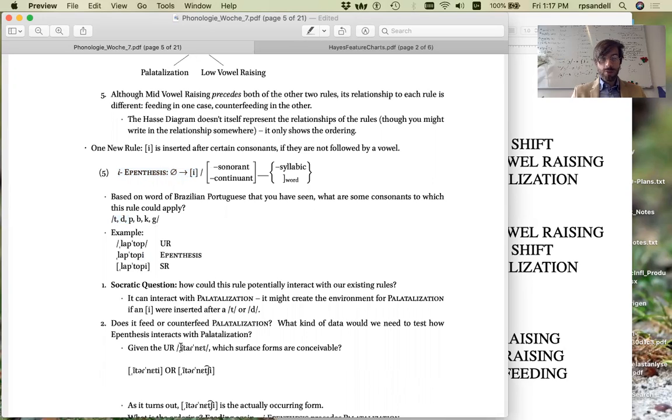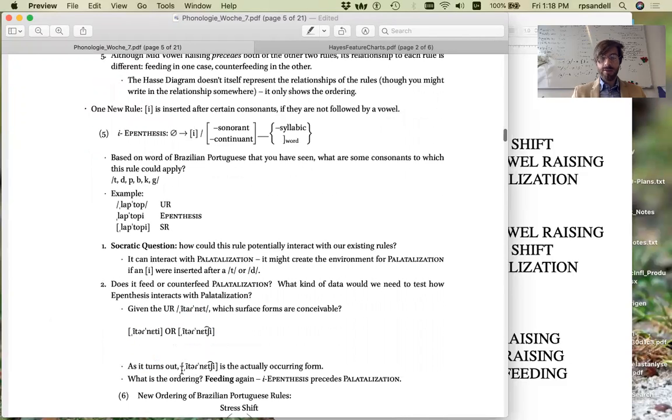So let's consider a word in which we actually do have a coronal stop at the end of a word. So the word for internet, and we can consider the two possibilities. That's either going to surface as interneti with no affricate, or interneti with an affricate.